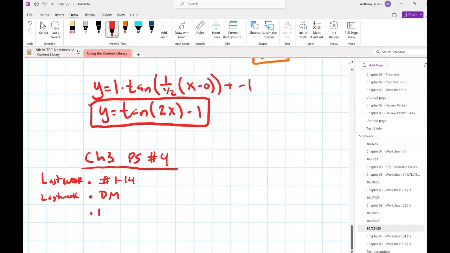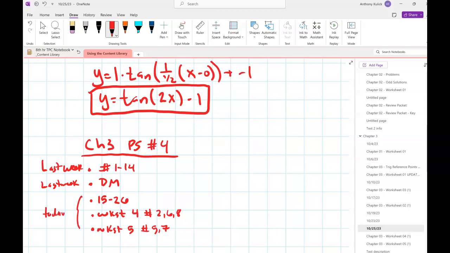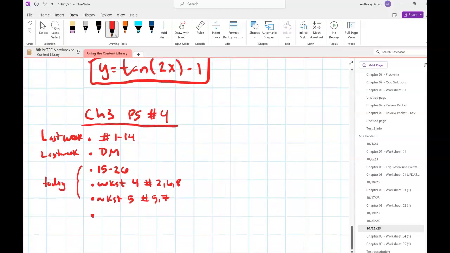Today, I'm going to assign 15 to 26. I'm going to assign worksheet 4, but I only want you to do 2, 6, and 8. And I'm going to assign worksheet 5, but I only want you to do 5 and 7. Next time, we'll add the review to that.